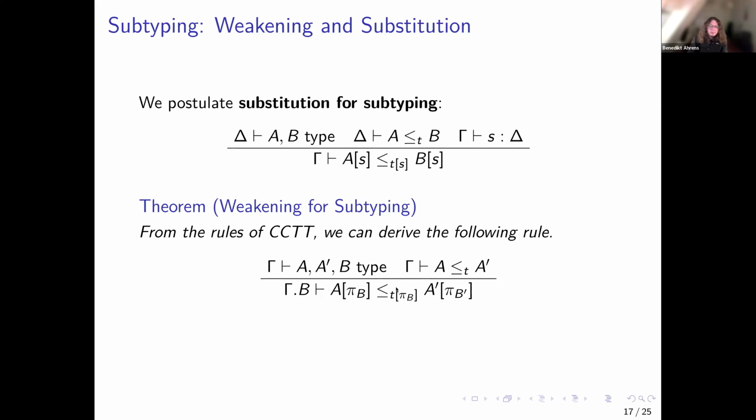The weakening that we have is compatible with the subtyping idea. And this rule, we derive it in particular using the substitution rule that we postulate.